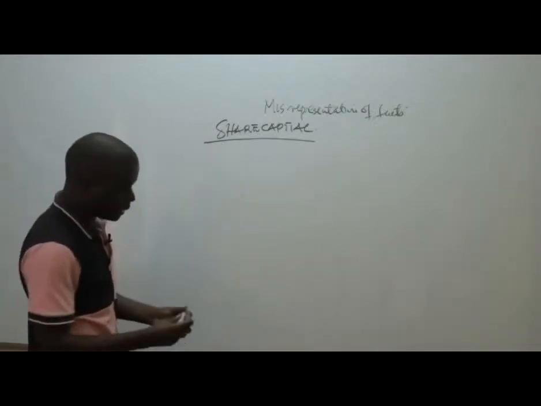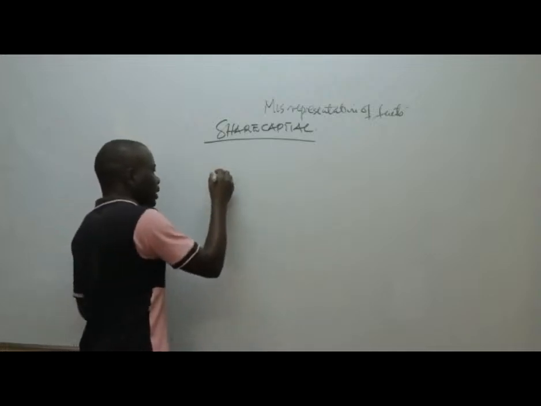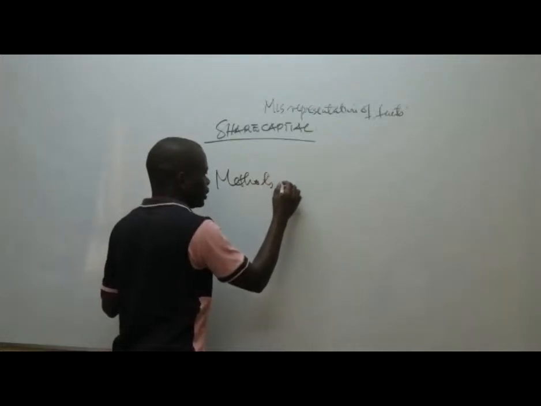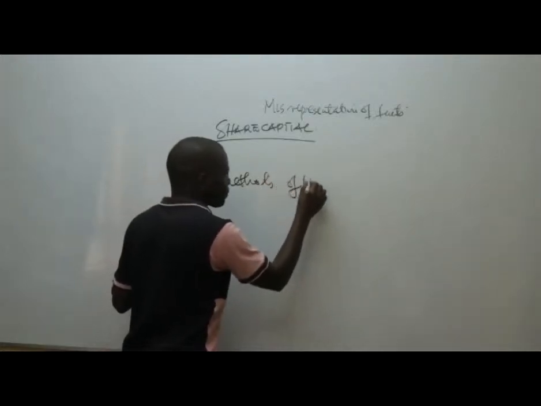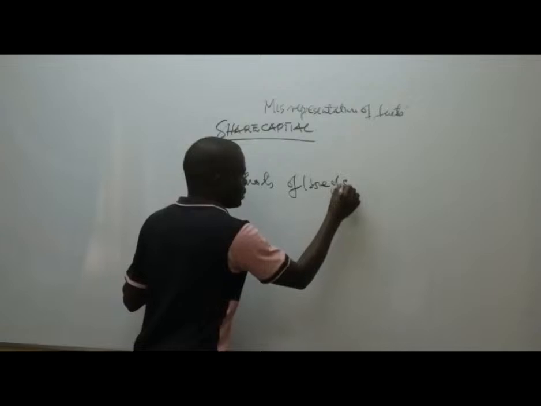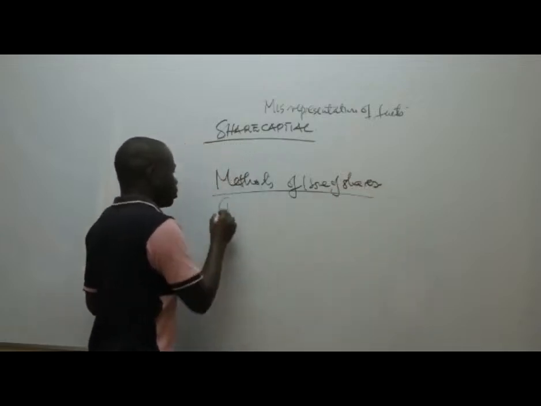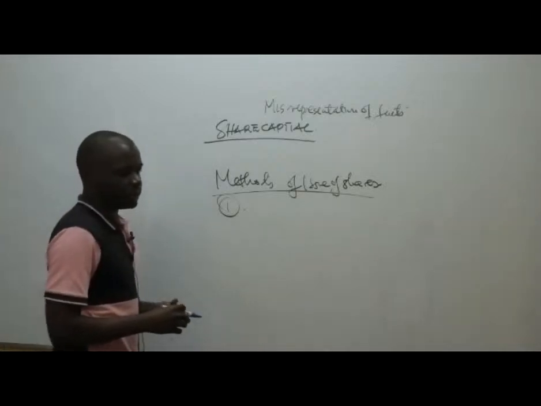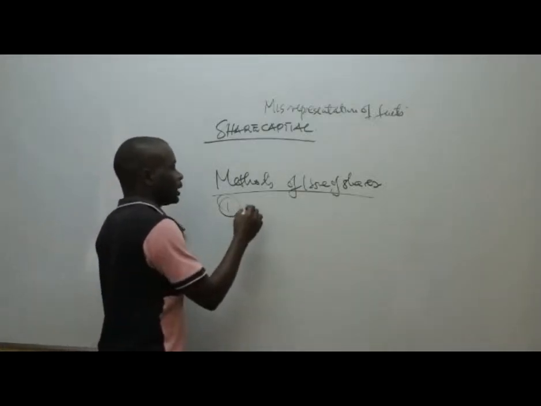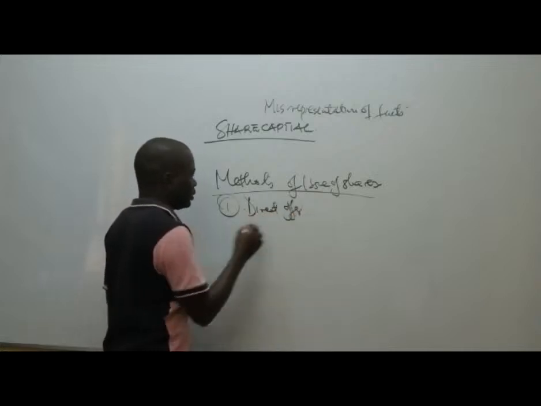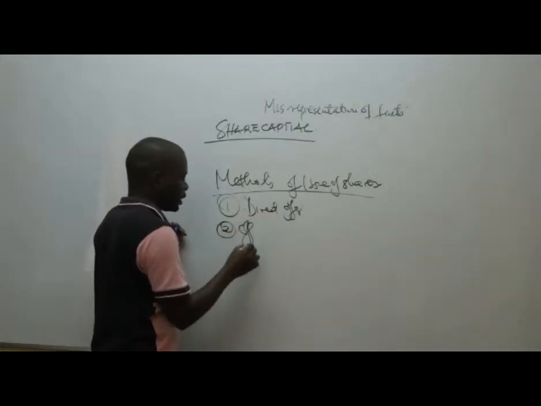We discussed. So we can look at methods of issue of shares. How can the company now issue its shares? Methods of issue of shares. So we can have number one, direct offer. Number two, you can have offer for sale.